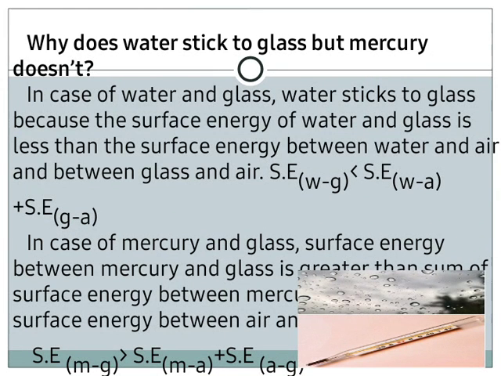That is, SE_MG is greater than SE_MA plus SE_AG, where the subscripts MG, MA and AG are the mercury-glass interface, mercury-air interface and air-glass interface respectively. Due to this, mercury cannot stick to the glass.